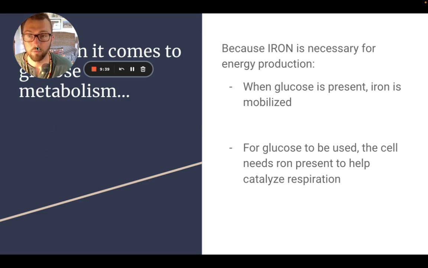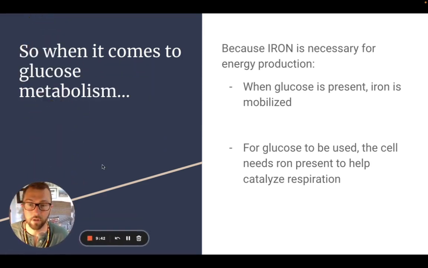Now, because iron is synonymous with energy production, what does that mean when it comes to glucose metabolism? Because when we think of glucose metabolism, we also think of energy production, right? So because iron is necessary for energy production, when glucose is present, so is iron. Our body has a way of, when glucose is taken in, iron gets mobilized because your body knows, okay, glucose is here, it's time to make energy.